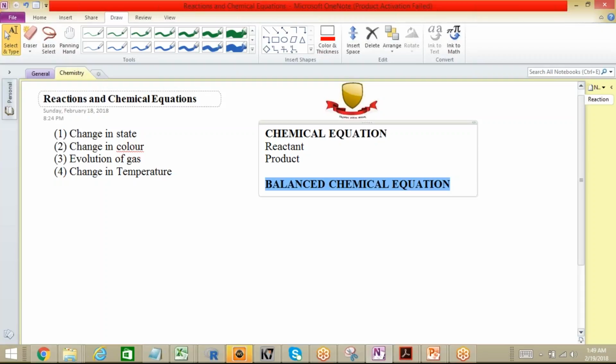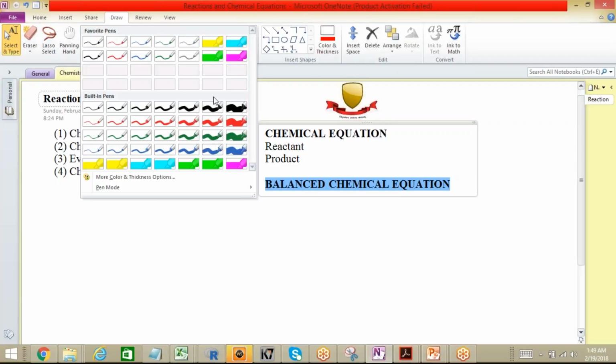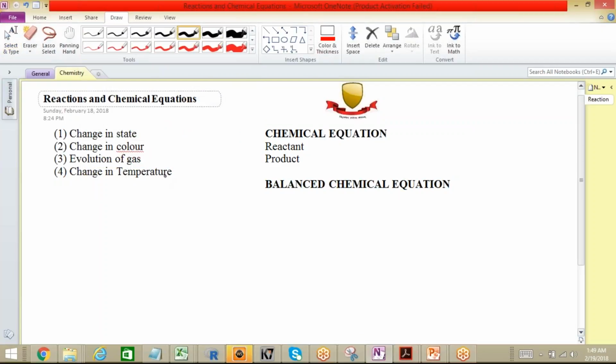Let's say I'm going to write a small chemical equation here. Let's say we have zinc. I'm going to react it with H2SO4. You know that this is your sulfuric acid.